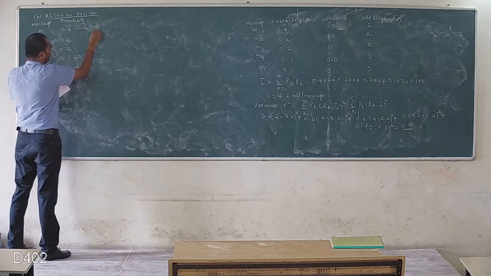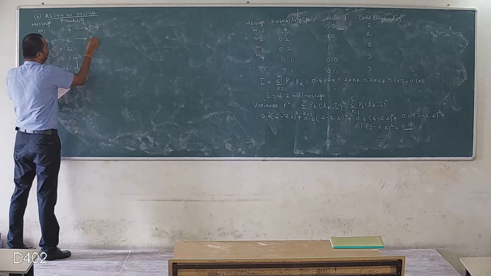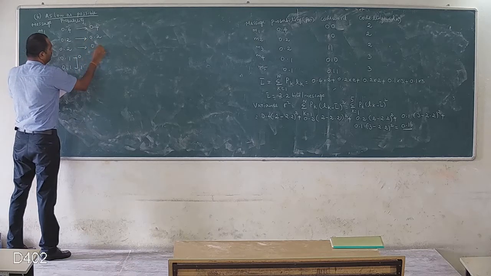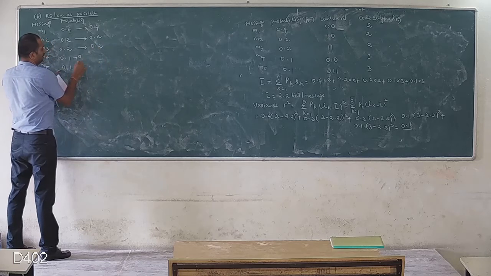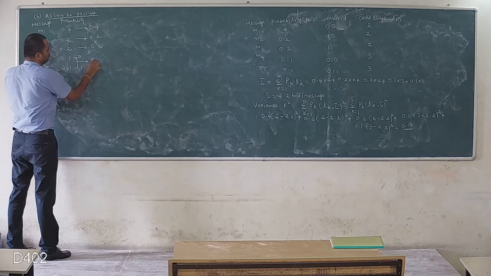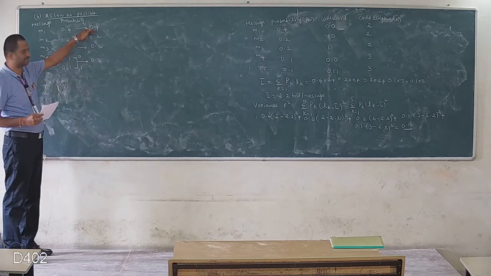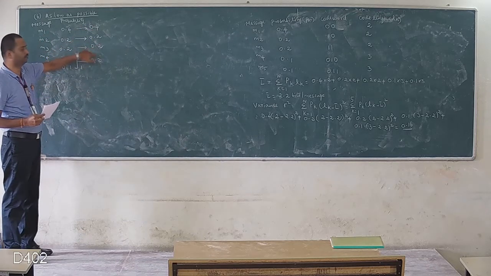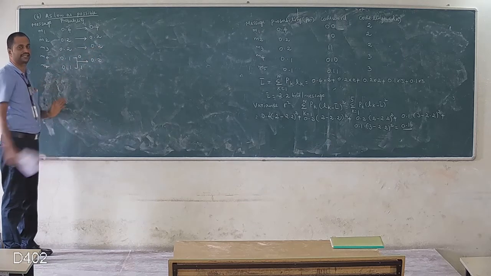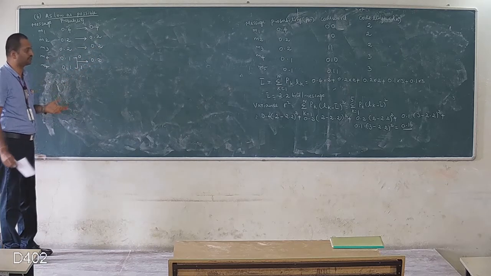So this 0.4 you retain, this 0.2 you retain, this 0.2 you retain. Because of combining these two, I get another 0.2. Earlier we kept this 0.2 above this 0.2, whereas now we are keeping it down. Now let us see what impact it creates in terms of average code word length and variance.